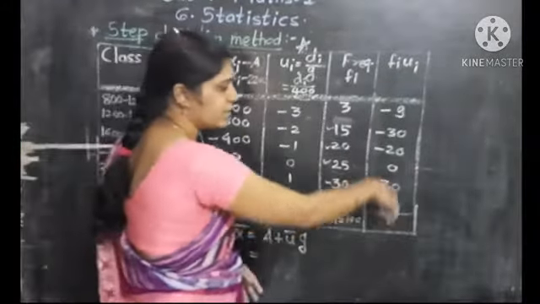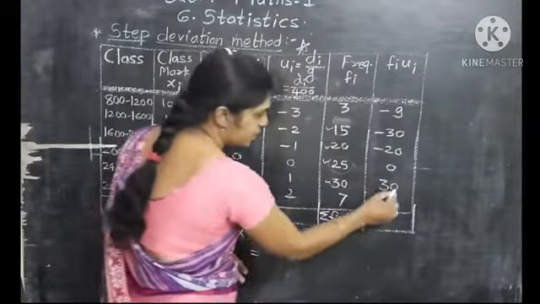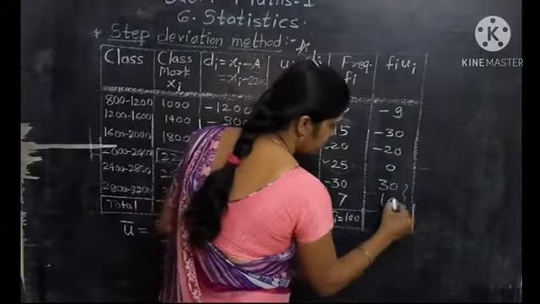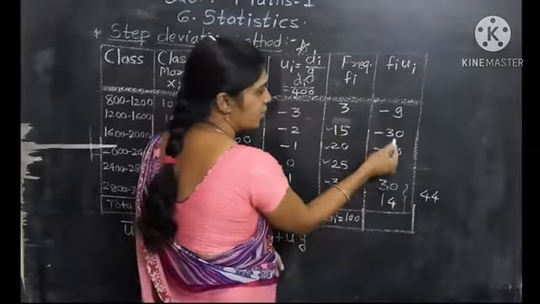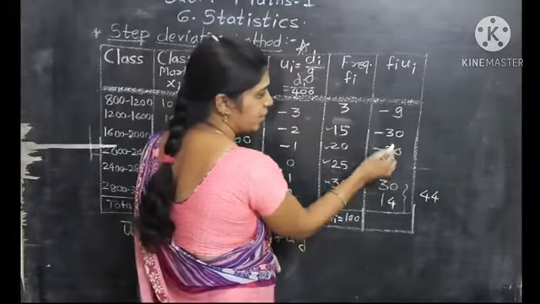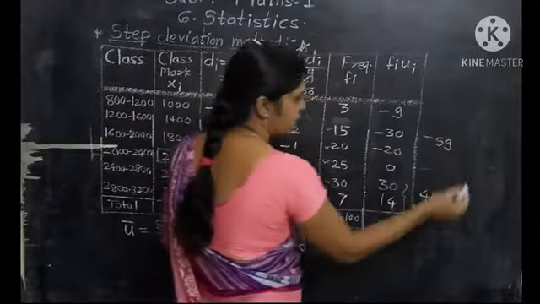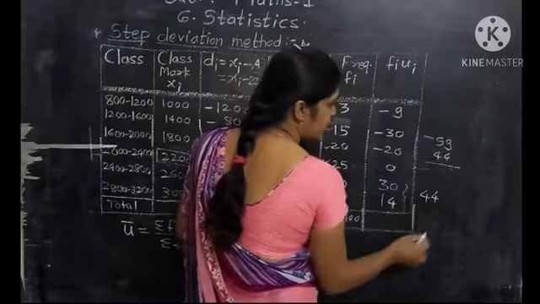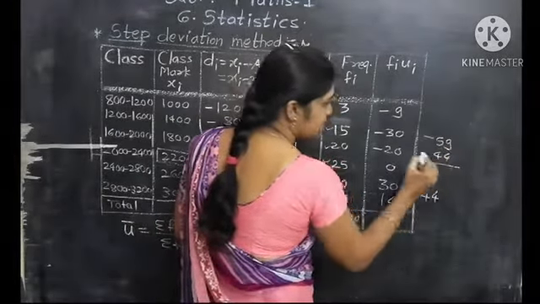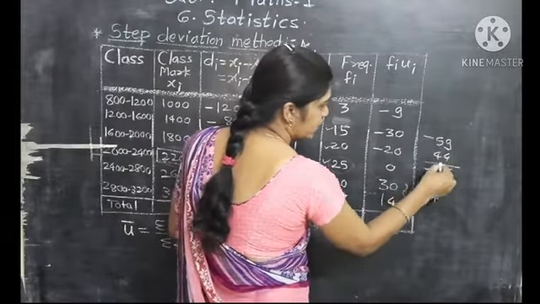And how to find this sum? Collect the minus terms and plus terms. Collect first 30 plus 14, 44. And this collects 30 plus 20 plus 50, 59. Means here minus 59. Minus 59 plus 24. What is the answer? Minus plus minus. 9 minus 4, 5. 5 minus 4, 1.